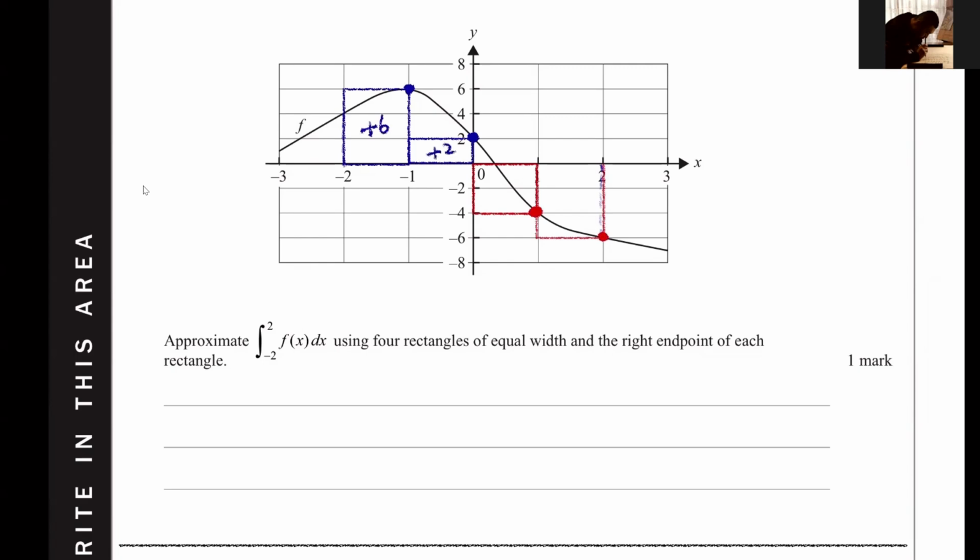This is like +2, so 1 times 6 is +6. And this bit is a -4, and this bit is -6 because 1 times -6. So altogether, when you add them up, it would be 8 minus 10. That is -2, okay? So this is what I'm going to say as the answer for the original question.